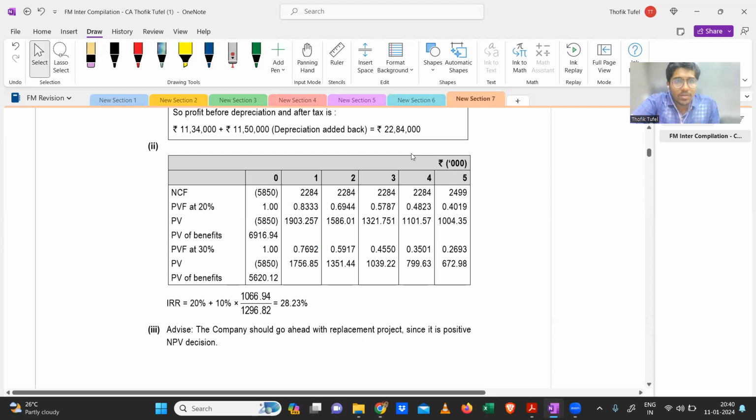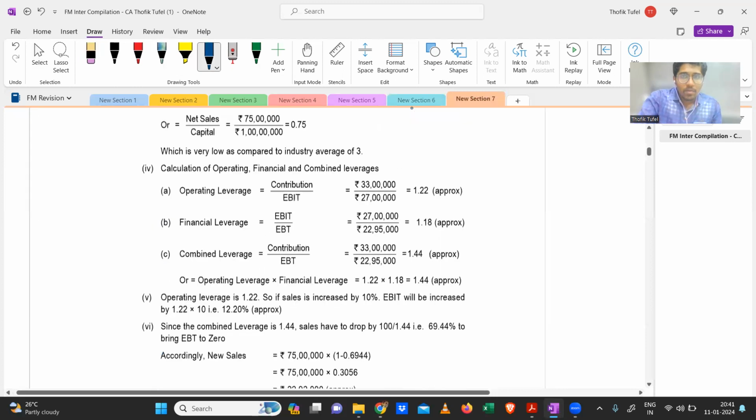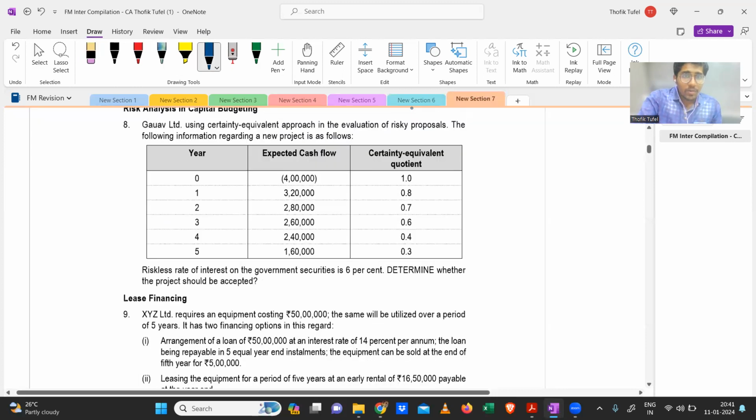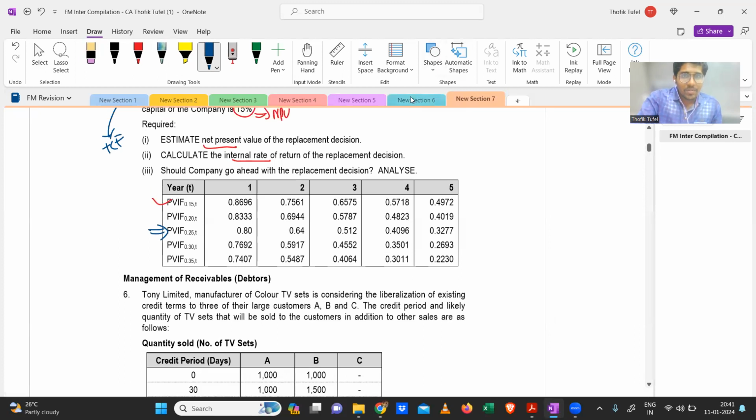So then we have to take 30%. Okay, let me go ahead with the calculation and check the answer afterwards. I hope we are not making any calculation mistakes here. I'll just recheck the calculation once again.